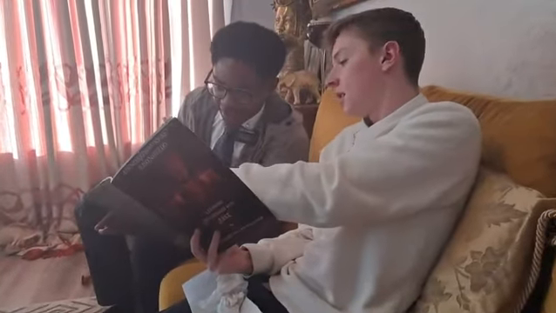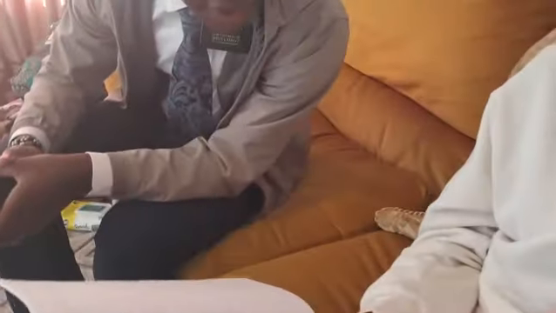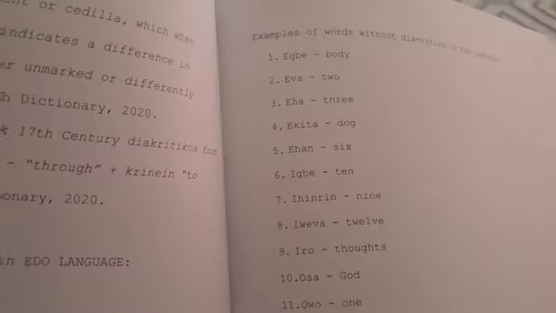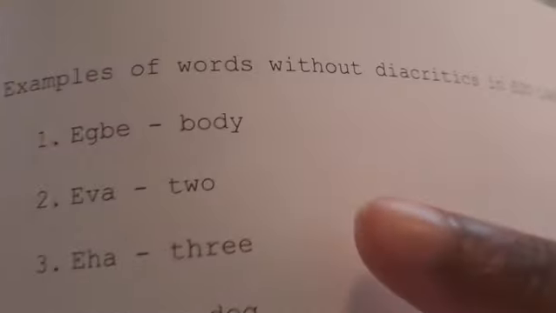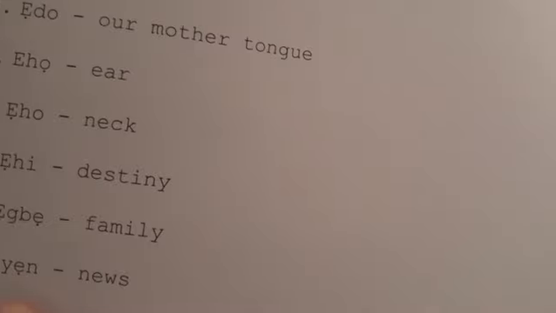So Egbe is body, and Egbe is family. Can you point at it? Point at the Egbe and the Egbe. This is Egbe. And please point at the other Egbe. Right there.